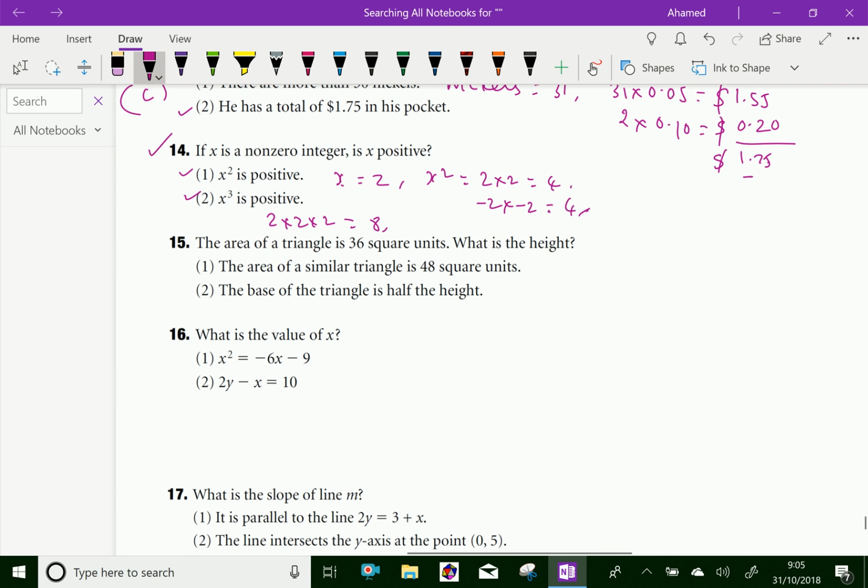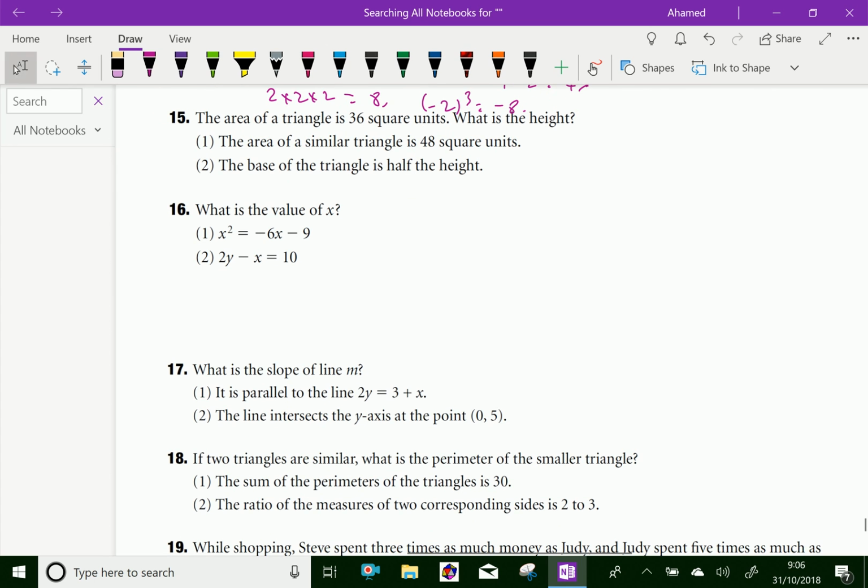But even here, suppose minus 2 whole cube is minus 8, means here x cube is not positive here. Therefore here option B is enough to solve, that is statement 2 is enough to solve, not 1. Therefore our option is D.